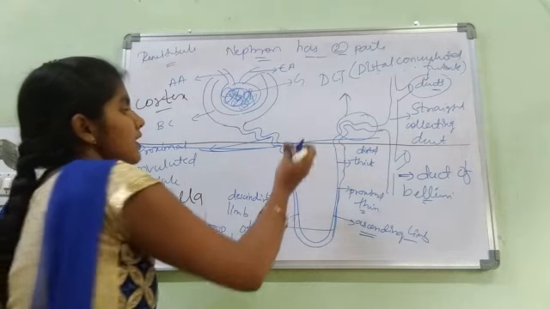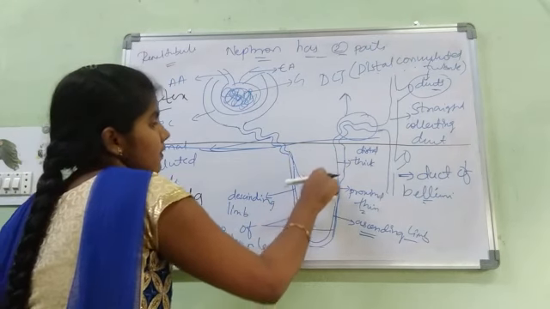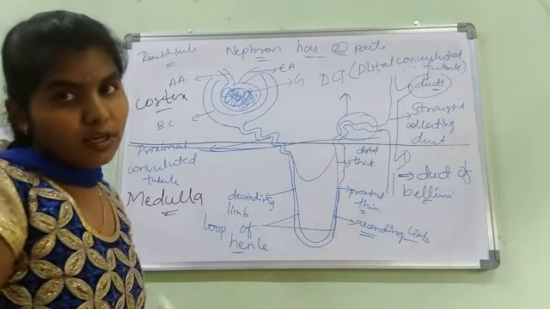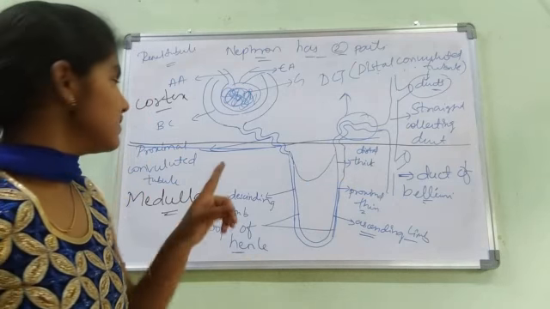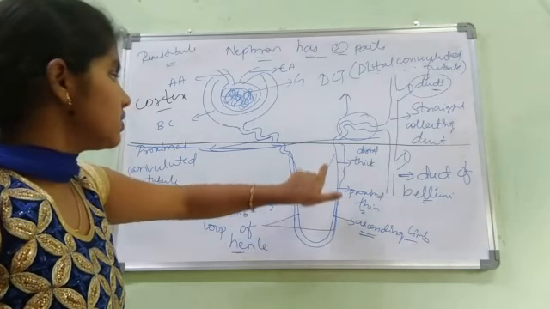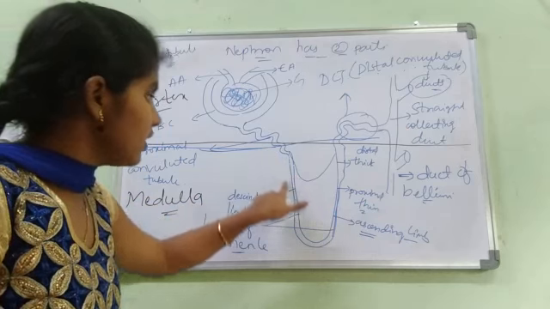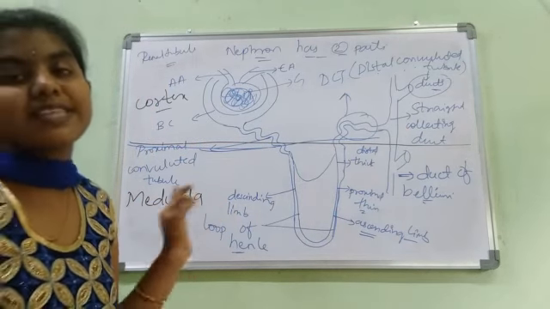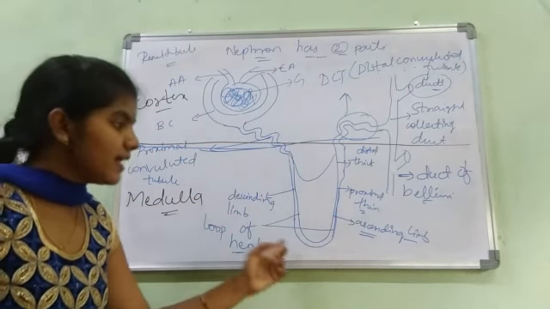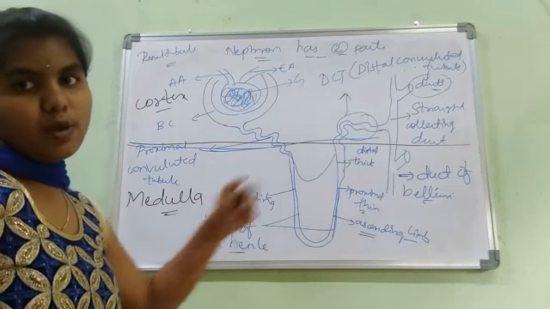Or if the loop of Henle is too short, up to here itself, it is called cortical nephrons. So there are two types of nephrons, friends: cortical nephrons, in which the loop of Henle is too short, and juxtamedullary nephrons, in which the loop of Henle is so big.